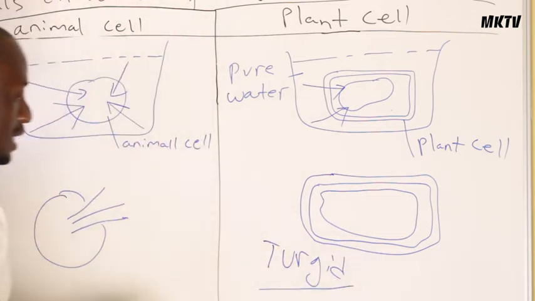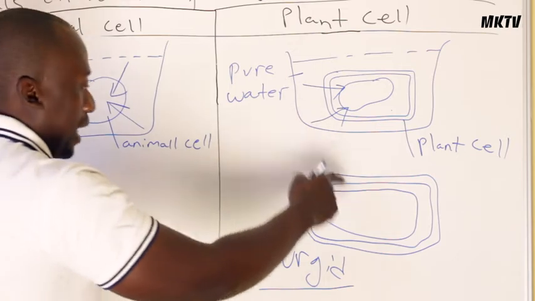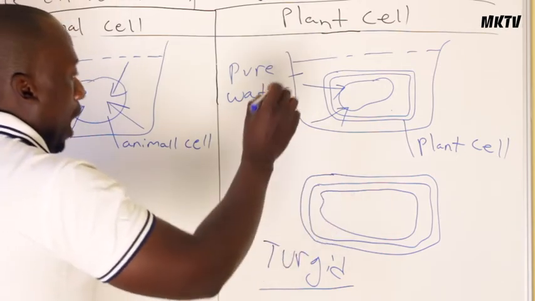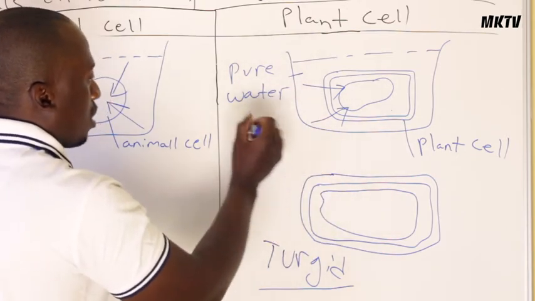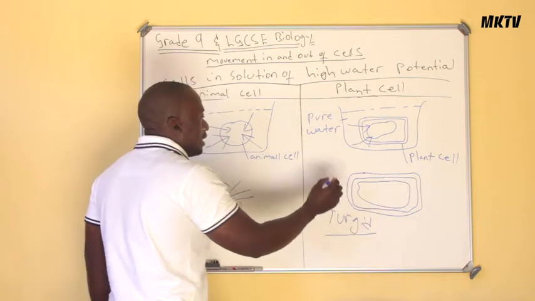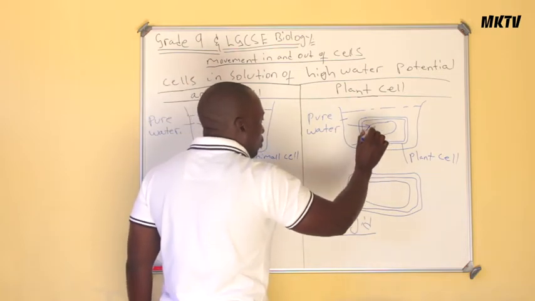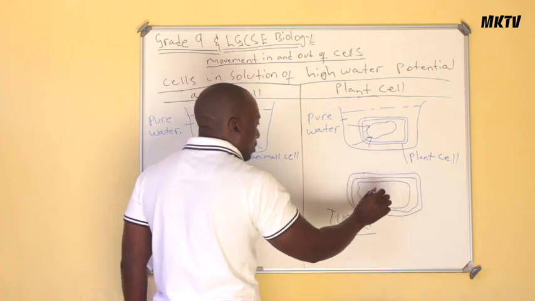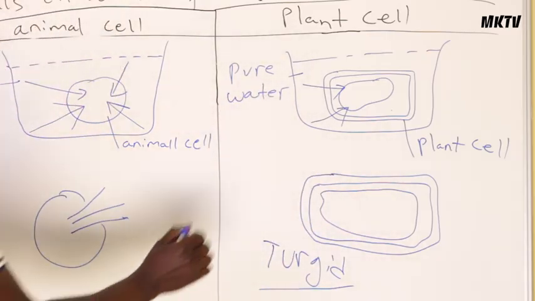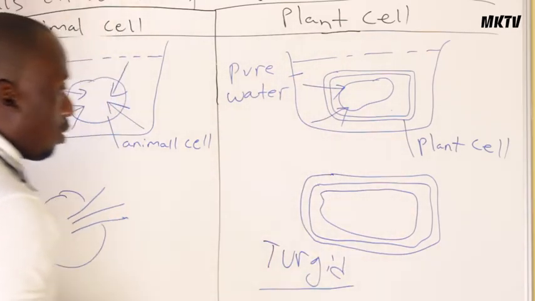This stage of turgidity is whereby a plant cell has absorbed more water by osmosis from pure water. The vacuole, when it receives so much water, pushes the cytoplasm, and the cytoplasm pushes on the cell wall.